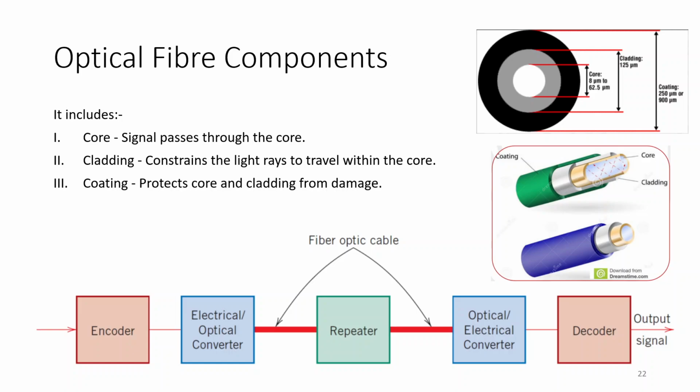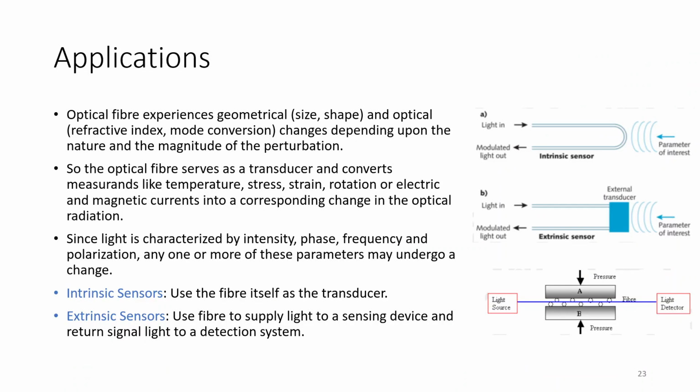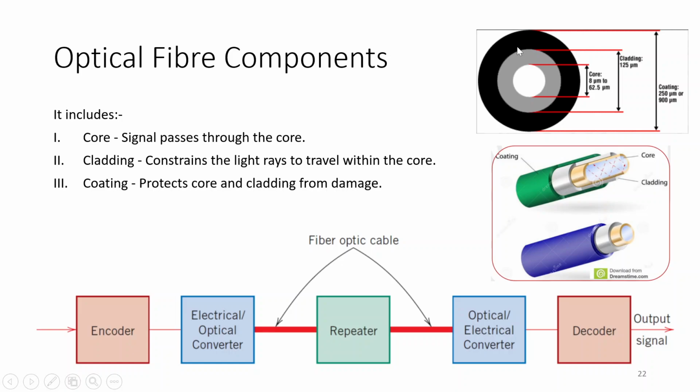Then there is the coating, which can be 250 to 900 micrometers. The core passes the signal, the cladding constrains the light rays to travel within the core, and the coating protects the core and cladding from damage.